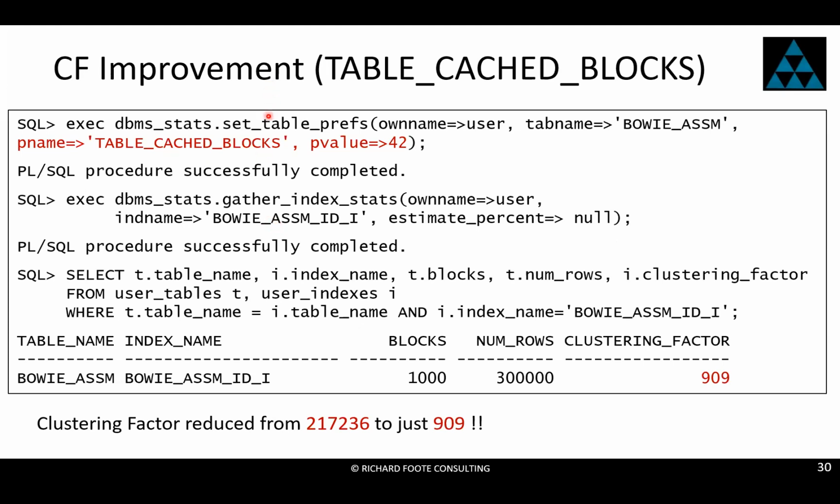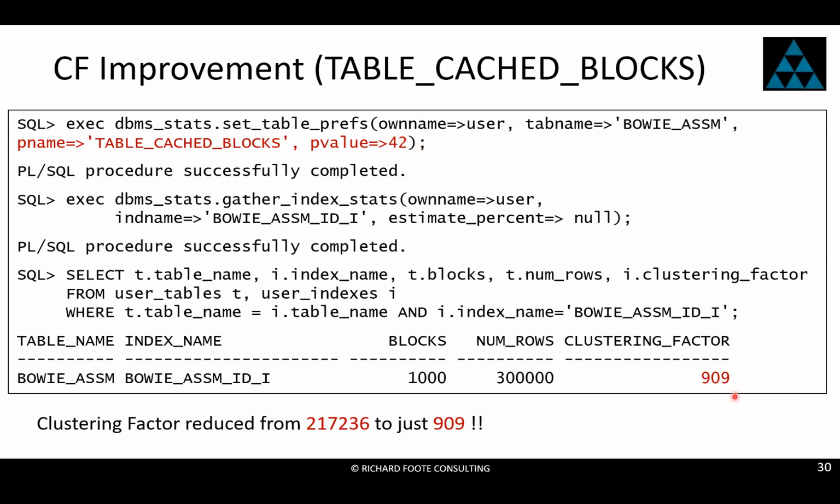And what happens now is when I say 42, if I visit one of the last 42 blocks that I've visited, I will not increment the clustering factor, which means I could have a whole bunch of blocks right next to each other, all being accessed, and I come and visit them again and again. But if it's one of the last 42 blocks that I've visited, then hey presto, don't increment the clustering factor.